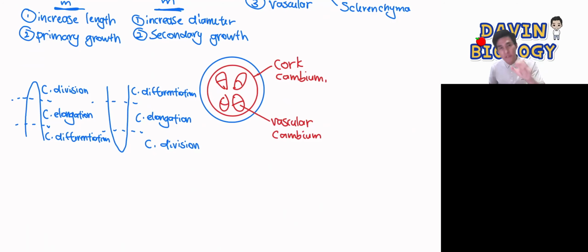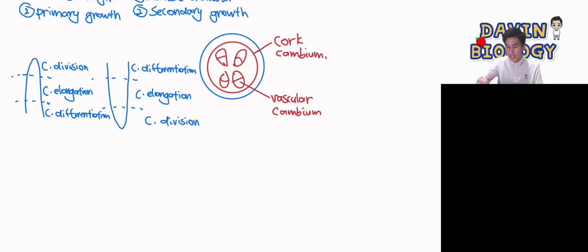Here also I briefly mentioned that. The most straightforward question for us is to explain the process that occurs at, let's say, the zone of cell division. So for the zone of cell division, what happens? Of course, mitosis. Mainly the cells divide actively by mitosis.